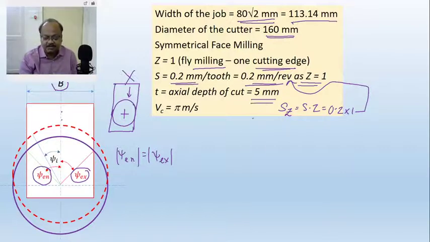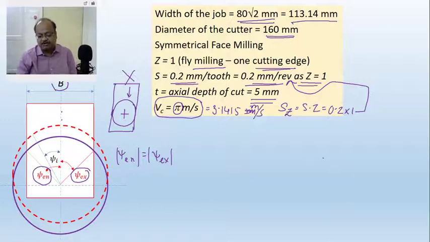Axial depth of cut is 5 millimeter. Another interesting thing is that VC has been taken as π meter per second. That means roughly 3.1415 meter per second. But when you are doing calculation, keep it as π because it will cancel out somewhere.